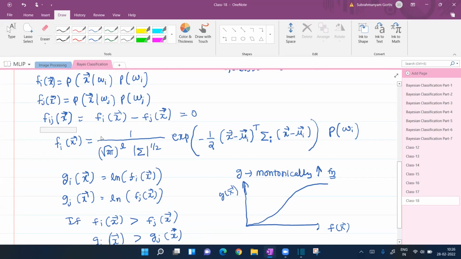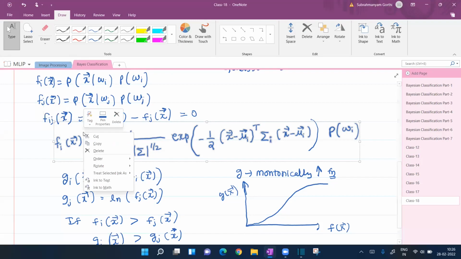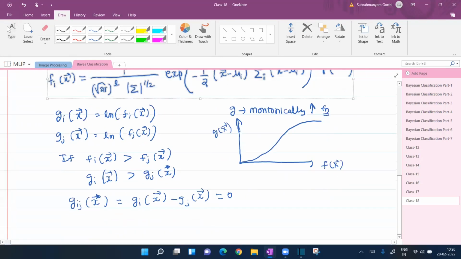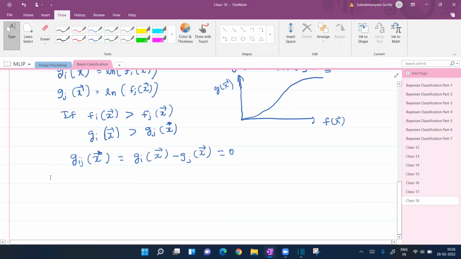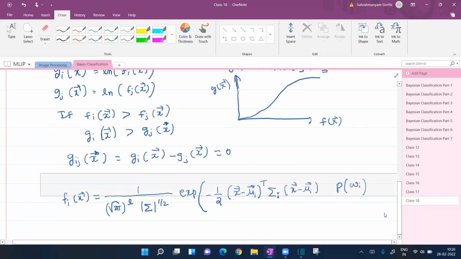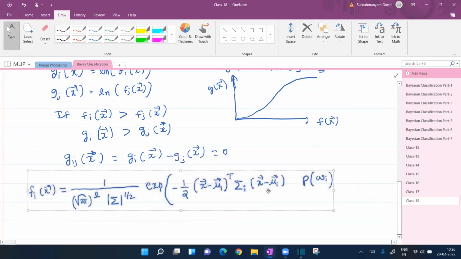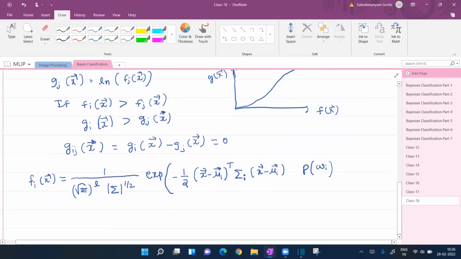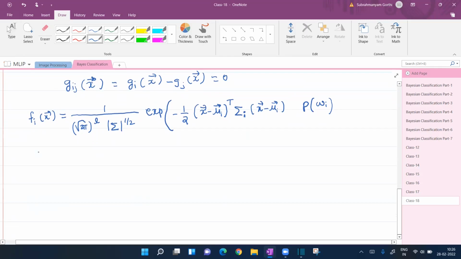Let's write that first. Maybe since I need to move down, I'll just copy it and put it there. Okay, so this is the expression for f i of x bar. Now, if you apply a logarithm on it, that will give me g i of x bar. Now, tell me, what is the value for g i of x bar?